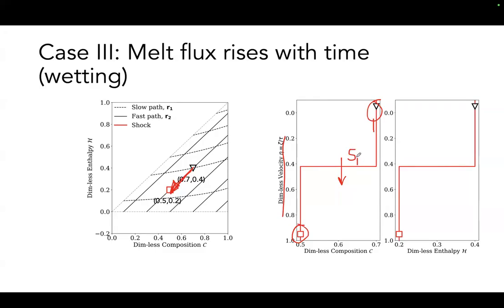This shock wave S is moving at a constant speed, and that speed can be calculated by a discrete mass balance called the Rankine-Hugoniot jump condition, a discrete mass balance of water or discrete enthalpy balance across this wave front. And this line is then called the Hugoniot locus.